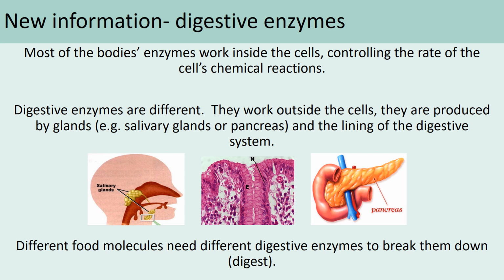They're produced by different glands, and then they get to work outside the cell. And the main glands that are used to make or secrete enzymes are the salivary glands and the pancreas. There's also glands in the stomach that also secrete a specific group of enzymes.